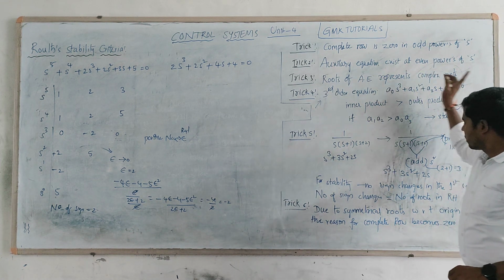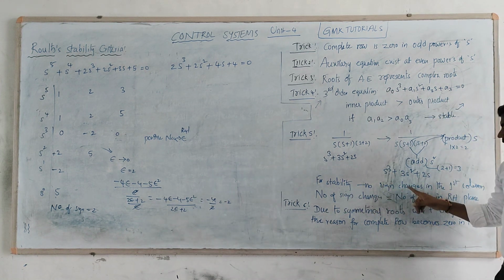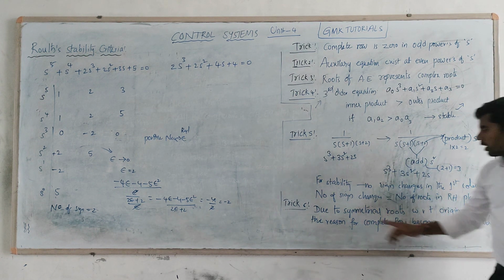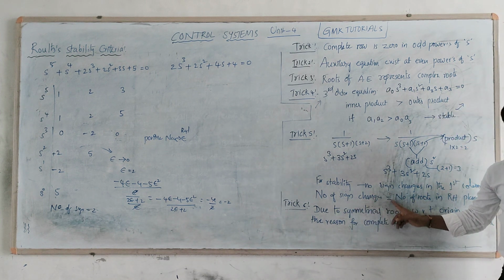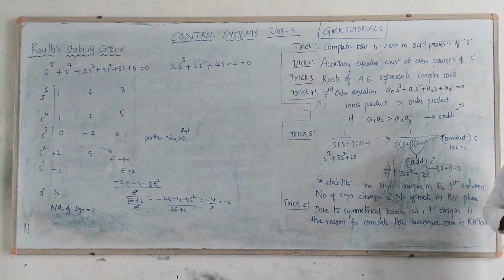So your third order system is okay, fine. For the stability point of view, if the number of sign changes in the first column is equal to 0, the system is stable. Otherwise, the number of sign changes is equal to the number of roots present in the right half of the j omega plane.